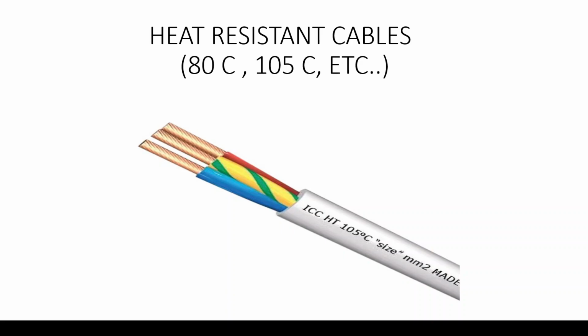So these cables are made to withstand this increased temperature. We have light duty heat resistant cables, heavy duty heat resistant cables, depending on the application. Usually the temperature rating is 80 degrees, 105 degrees, depending on the project specification and what is the requirement in this particular project.